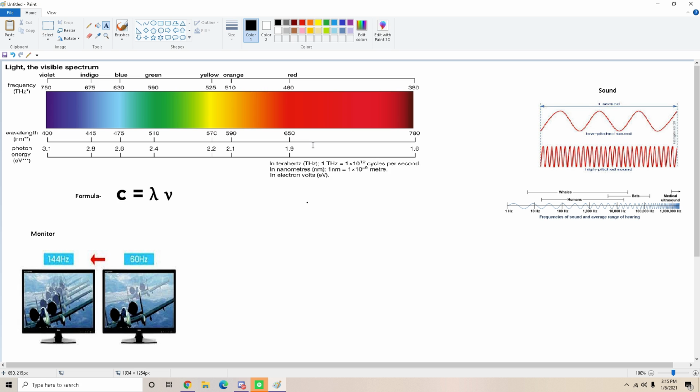Frequencies greater than visible light are called UV radiation, X-rays, and gamma rays, and frequencies less than visible light are called infrared radiation, and microwaves or radio waves.